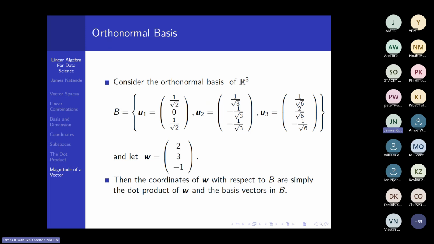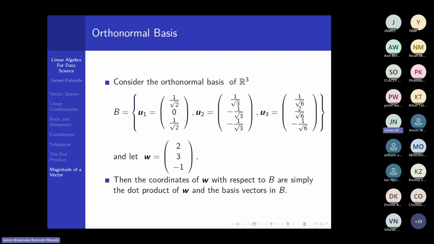So we consider R3. Many times we wish to compute the coordinates of a vector using a given basis. This, we have seen before, is an orthonormal basis. And now we want to get the coordinates of the vector W with respect to this basis. But since it's an orthonormal basis, there's a shortcut.